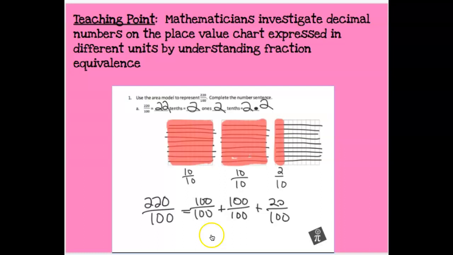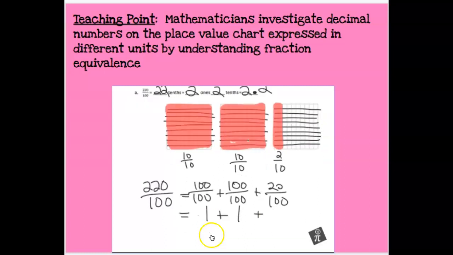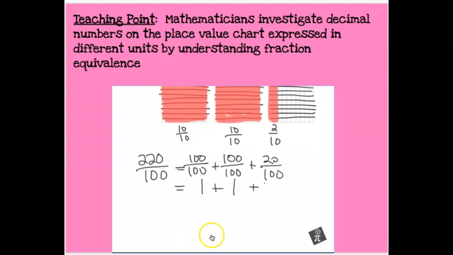And so that's the same thing as 1 whole plus 1 whole plus 20 hundredths, and that's equal to 2 and 20 hundredths. But we learned that you're allowed to divide both the numerator and the denominator by 10 in a previous lesson.